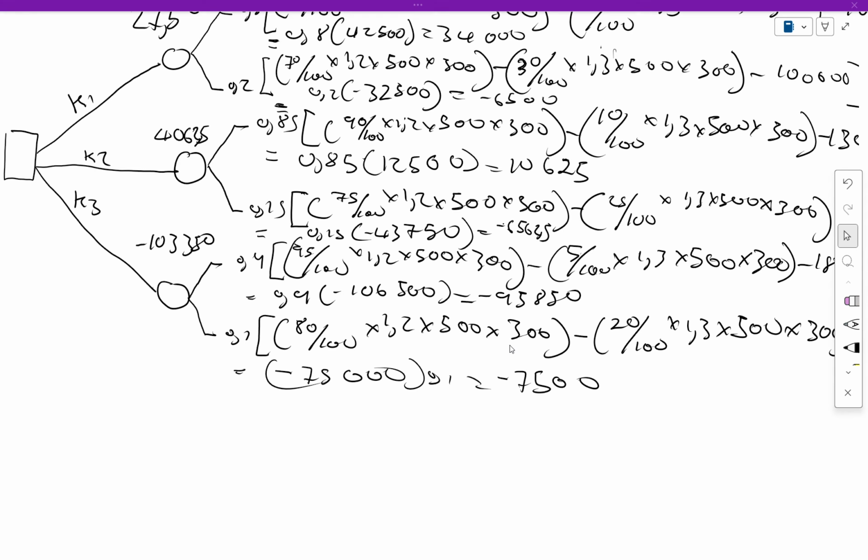Okay, open bracket 0.95. Punching straight. Point 12 multiplied by 500 multiplied by 300, close bracket, minus 0.5 multiplied by 1.3 multiplied by 500 multiplied by 300.